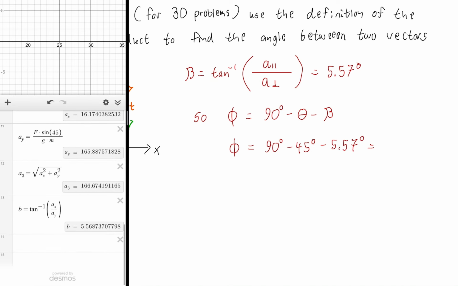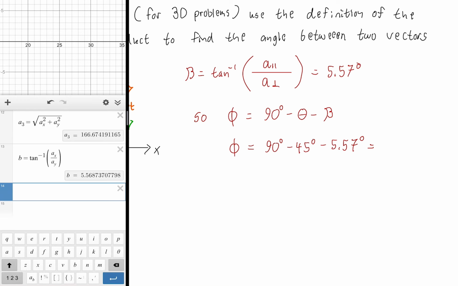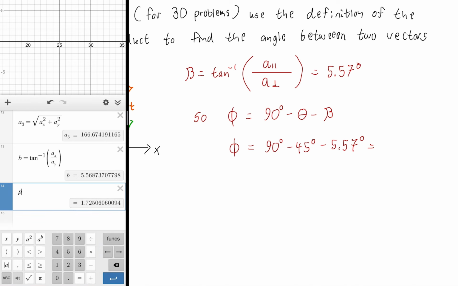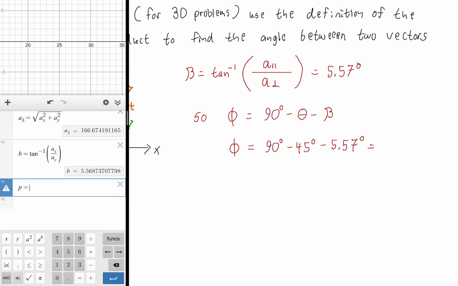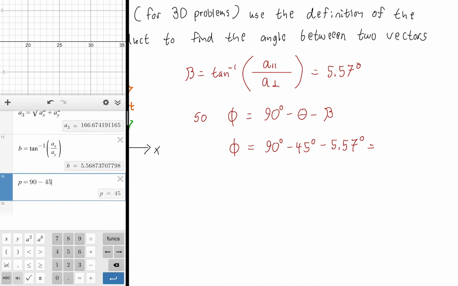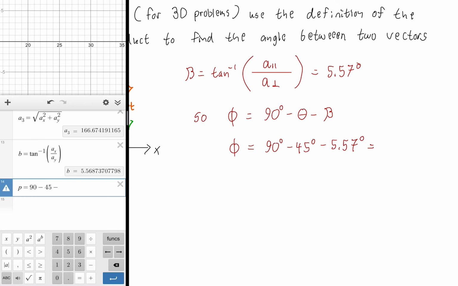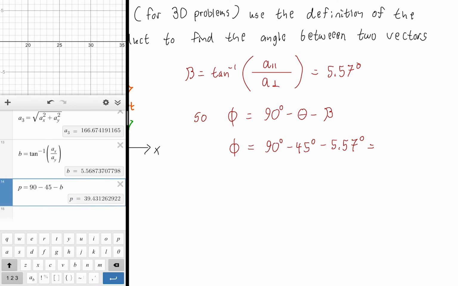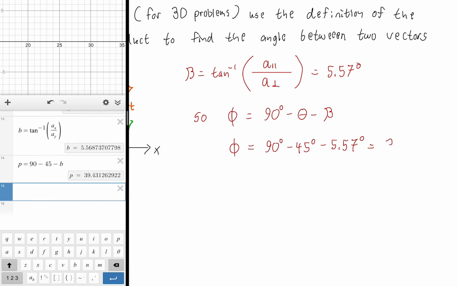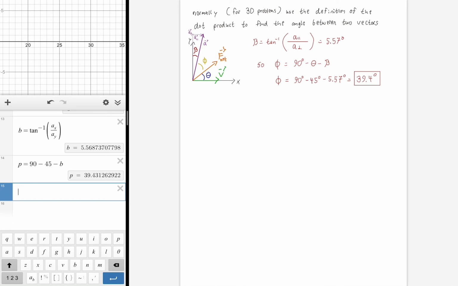We'll call this P for phi, and it's going to be 90 minus 45, so I could have just done 45 for that matter, but then minus B. So 39.4 degrees is the angle between the two vectors of force and acceleration, vectors that classically would always be parallel, but here are definitely not.